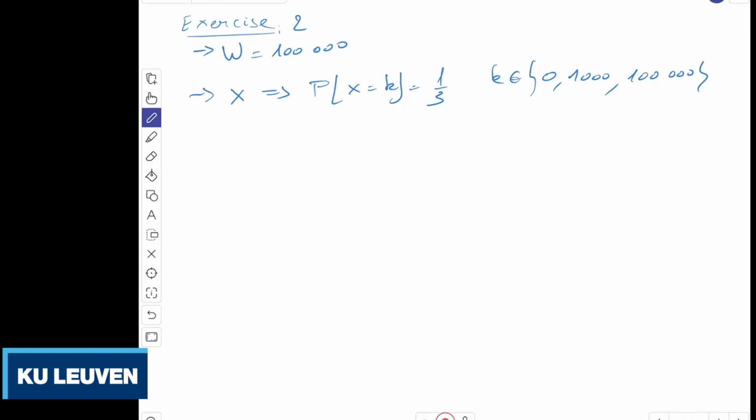Here I take a very simple example, but you can extend this and assume that X is a much more realistic, complicated distribution. But let's not make life complicated. Let's focus on a very simple example.